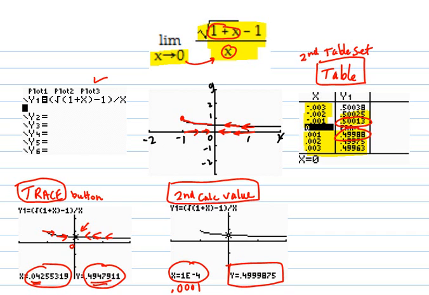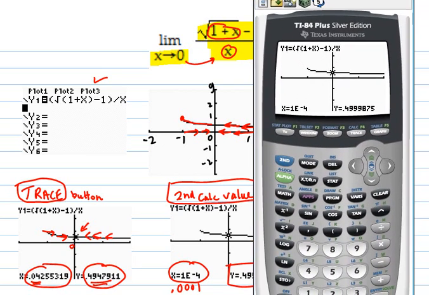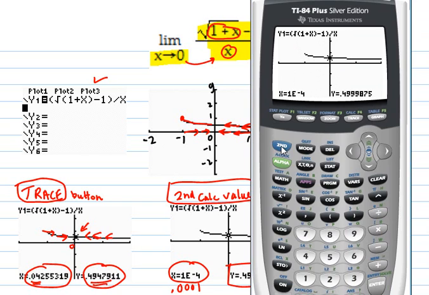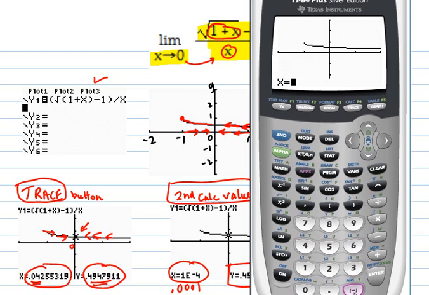And you could also plug in some other one, like you could do second calc value number 1, and put in also a negative value, which would be here, negative 0.00001, and then press enter, and you see that the y value is 0.50000125.